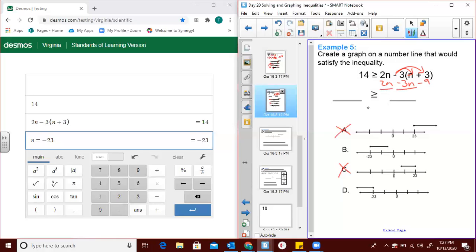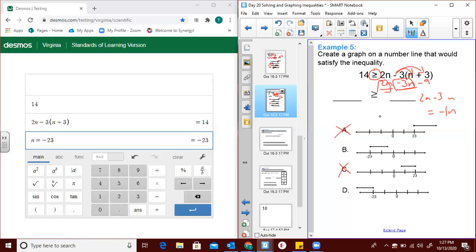And remember, just like in the last problem, we're going to go ahead and combine them. So 2n minus 3n is going to give us a negative 1n. And we know that that's negative, so that means that this sign is going to have to flip.